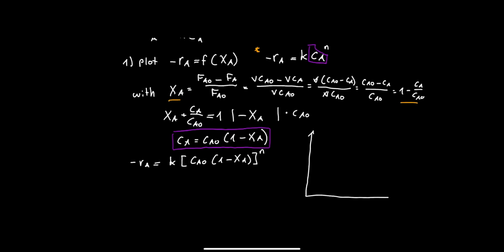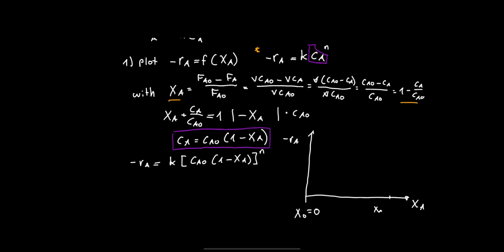So if we plot this, our y-axis is negative RA, our x-axis is the conversion of the species A. So entering our system, we have the conversion 0, because nothing is converted yet.